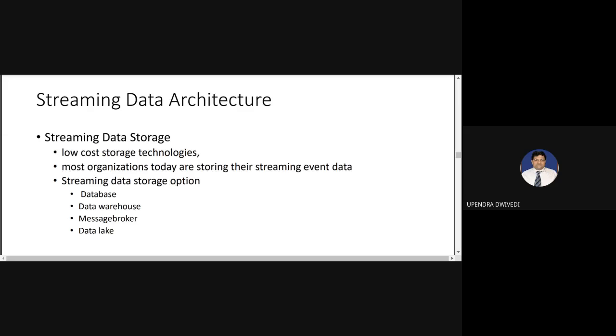They are very cost-consuming technologies, and they are not fast enough to support the requirements of a data stream architecture. So we have to find low-cost storage technologies that can support the streaming data architecture, and these technologies should be fast enough to support the requirements of the users as well as the service provider, so that they can employ features like filtering the data stream, and users are able to find specific content from the storage, and so on.